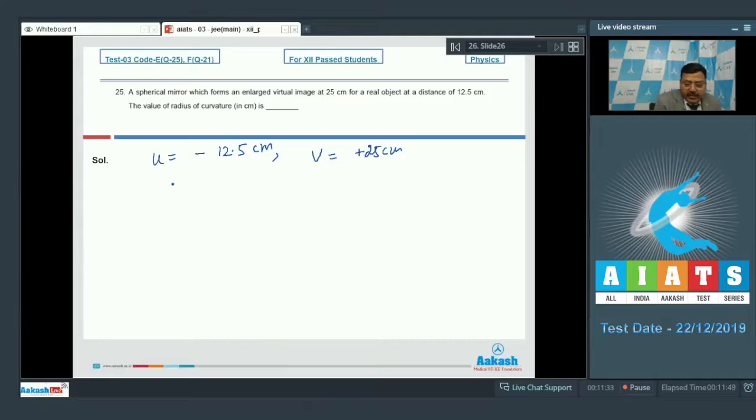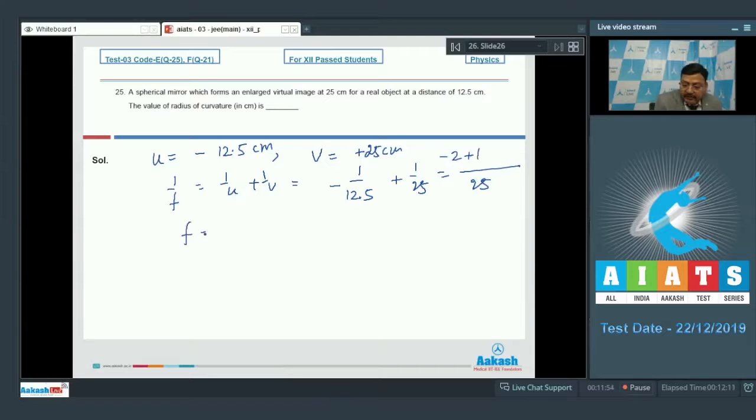We first find the focal length by the formula 1 by f is equal to 1 by u plus 1 by v, which is minus 1 by 12.5 plus 1 by 25. This will give us minus 2 plus 1 over 25.